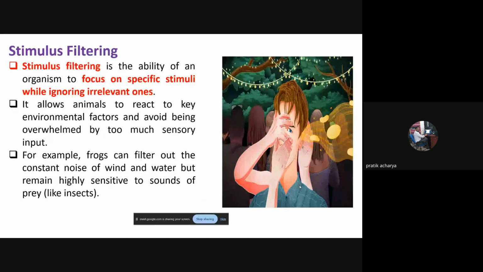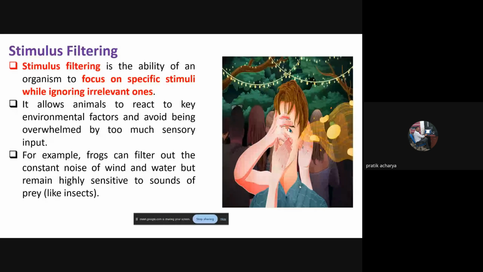Then another associated factor is stimulus filtering. Stimulus filtering is very common for us also. If a student is studying hard in different obstructive conditions, and even if the obstructions are many, the student's concentration is towards the study, that concept is known as stimulus filtering.